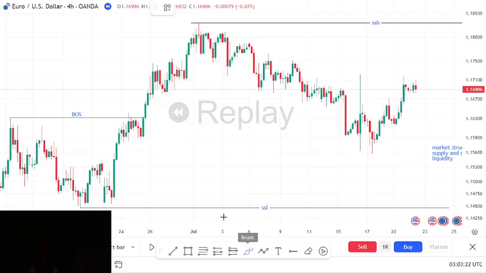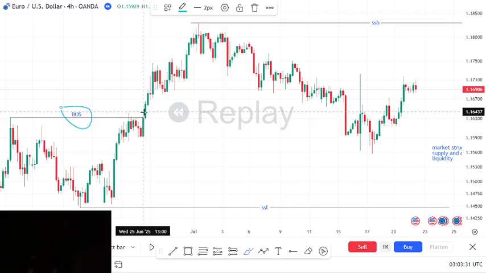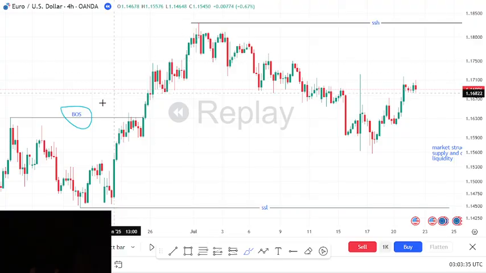What does break of structure mean? Break of structure means break of structure. They're breaking the structure. That's typically what it means. It doesn't mean anything extraordinary. It means breaking a structure.